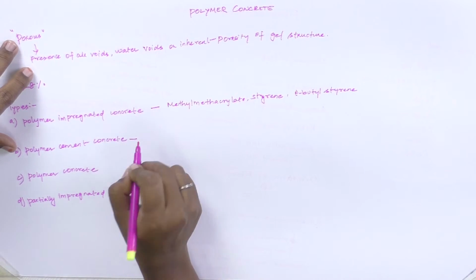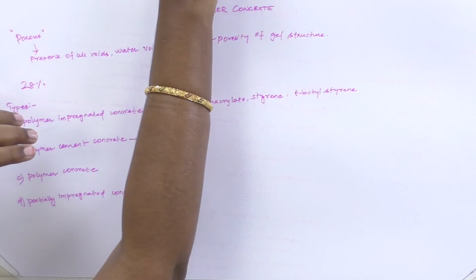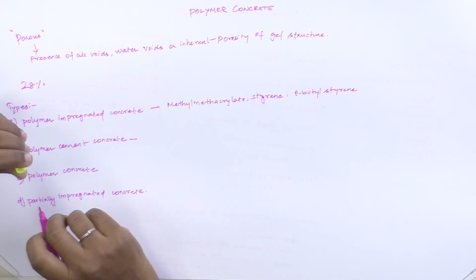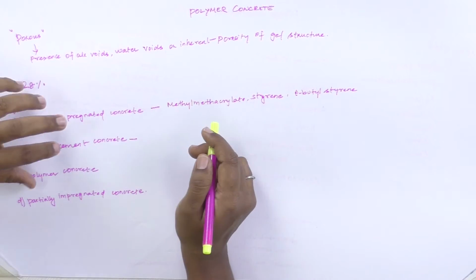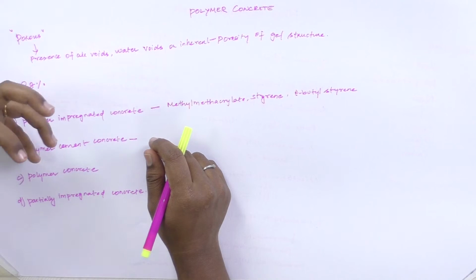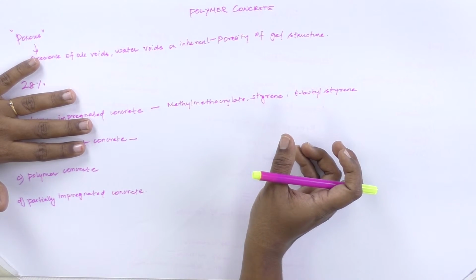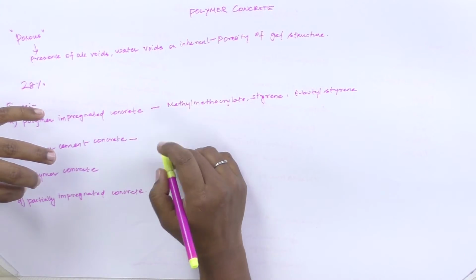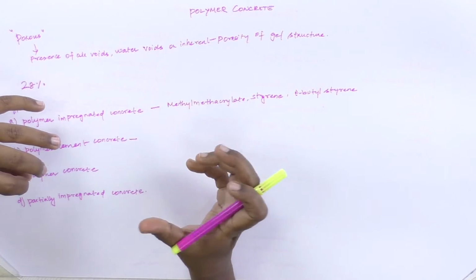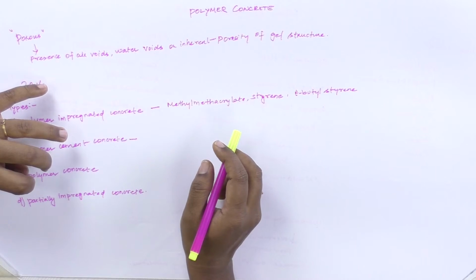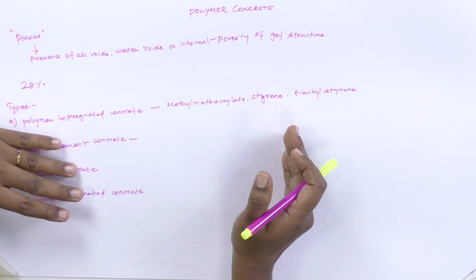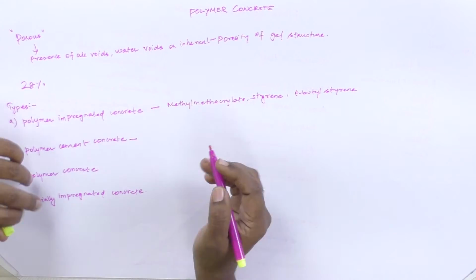Next, polymer cement concrete. This polymer cement concrete is made by mixing cement, aggregate, water and monomer, and then the concrete is placed in molds and subsequent polymerization is carried out.